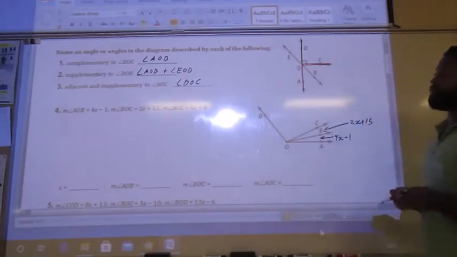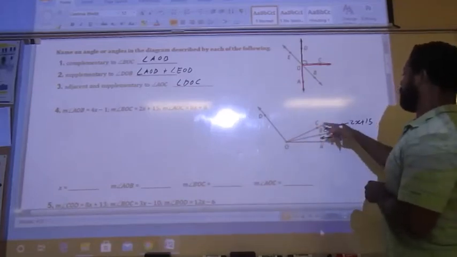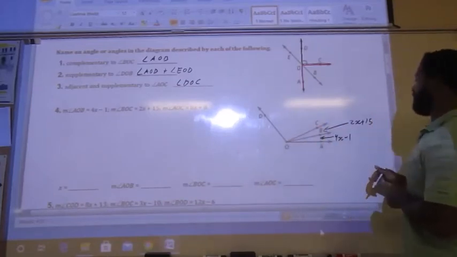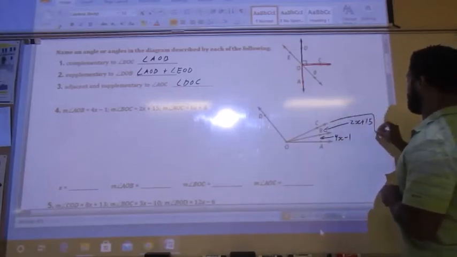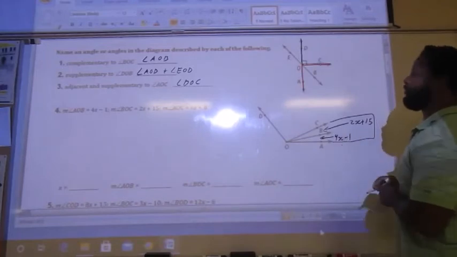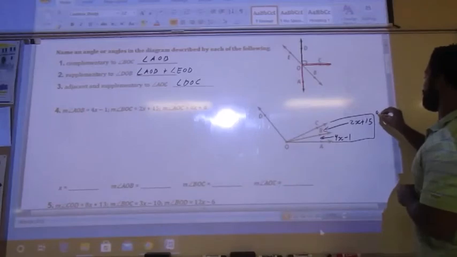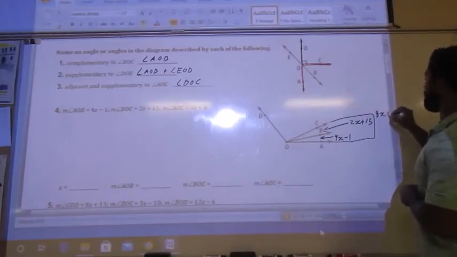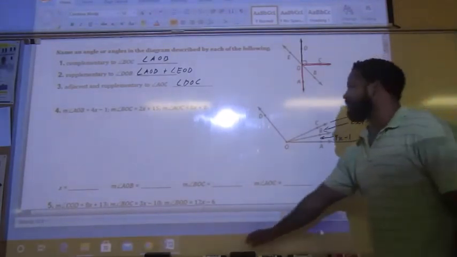And AOC, the whole thing, is equal to 8x plus 8. Hopefully that's showing up. Yes, it is. We have 8x plus 8.